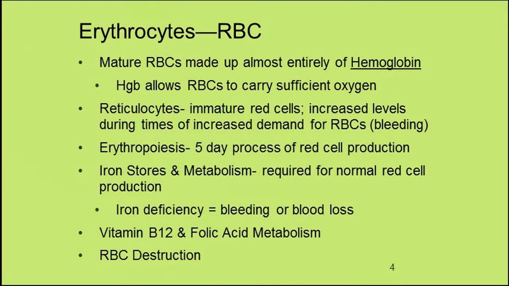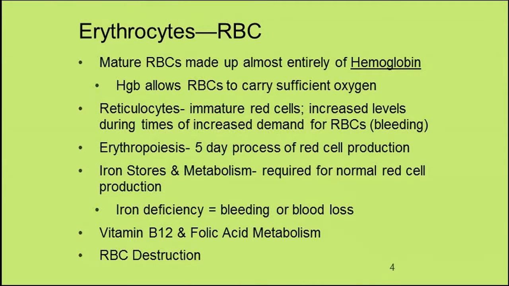Reticulocytes are those immature red cells, and anytime there is a need, there is increased production of erythropoietin, or anytime there is stimulation of erythropoiesis, then there's going to be an increased number of reticulocytes. Those are the immature red cells.